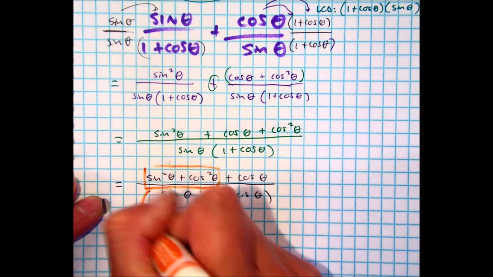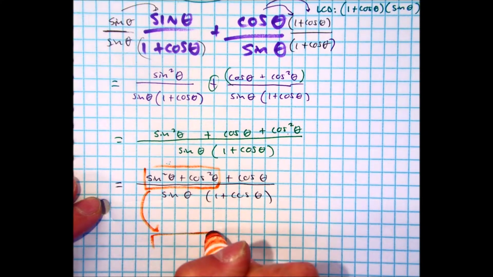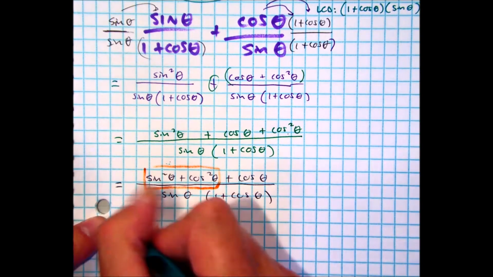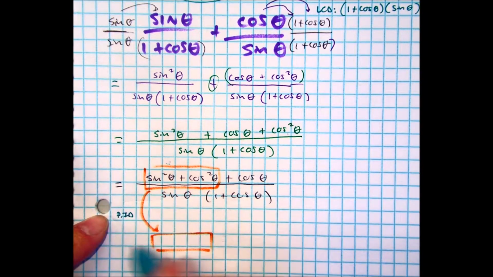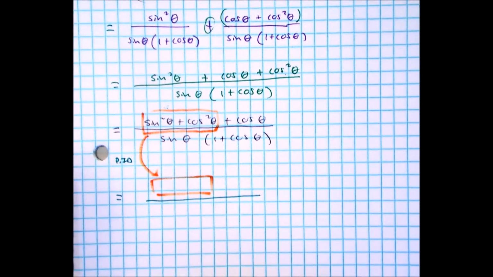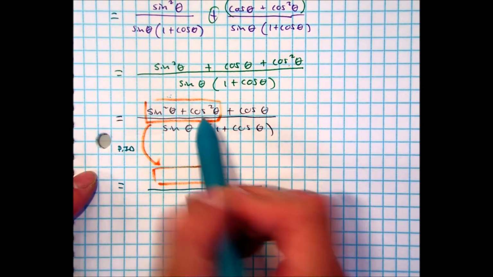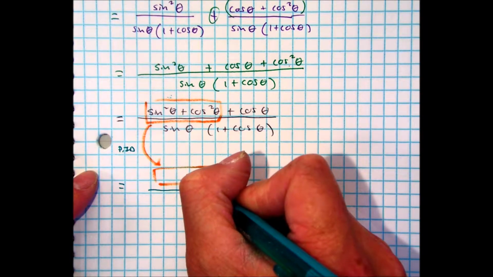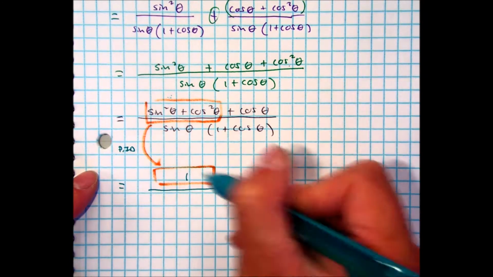And then here in orange, which identity am I using? We're using the Pythagorean identity. Sine squared theta plus cosine squared theta equals 1.